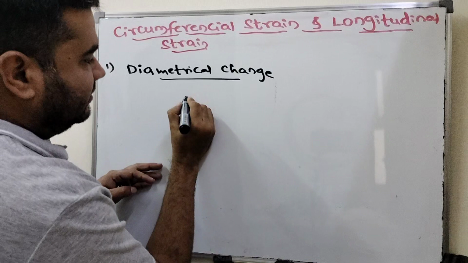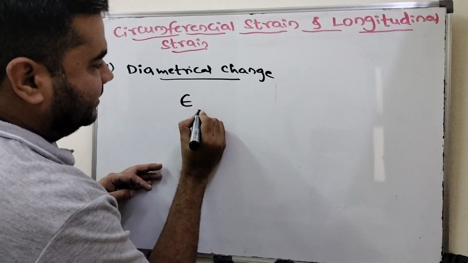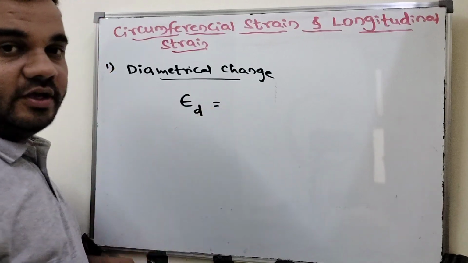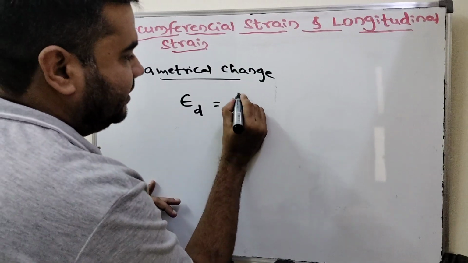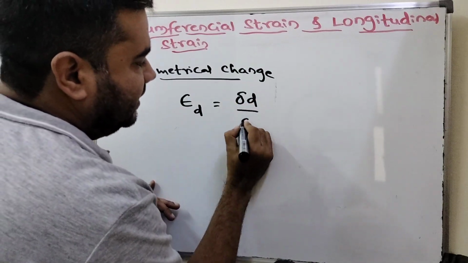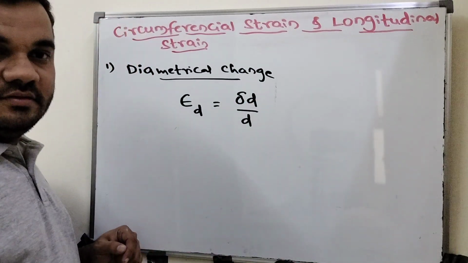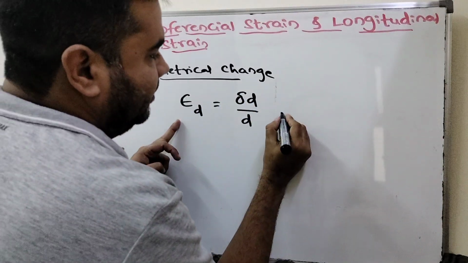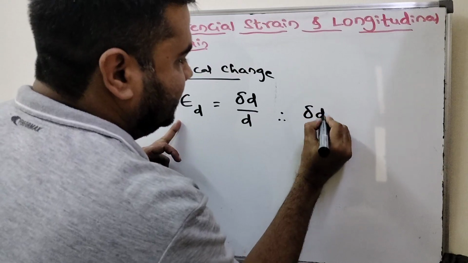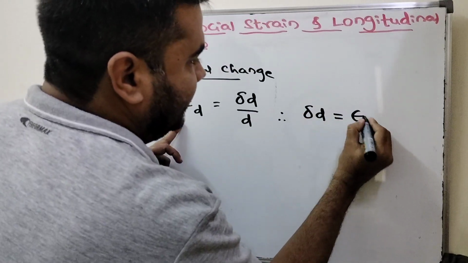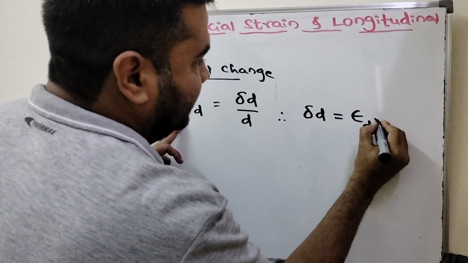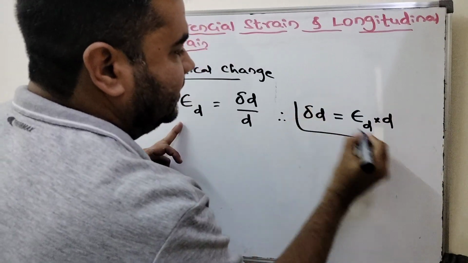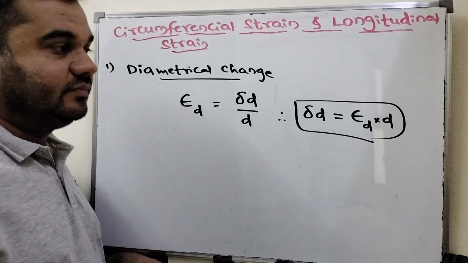We know that the strain in diameter equals change in diameter divided by original diameter. So from this equation, change in diameter equals the strain in the diameter times the original diameter.